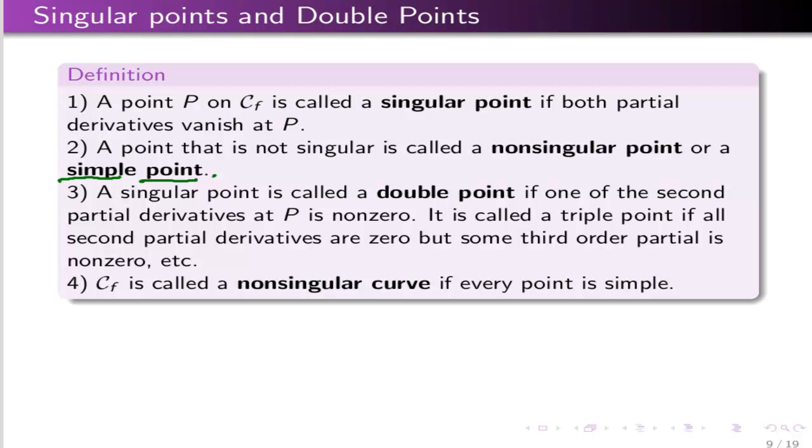A singular point is called a double point if one of the second partial derivatives is non-zero. So both first partial derivatives are 0, but one of the second partials is non-zero. It'd be called a triple point if all of the first and second partial derivatives are 0, and so on. You can just keep going like that.